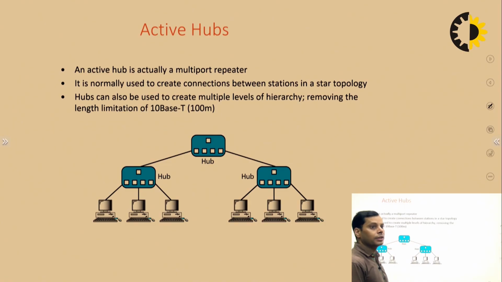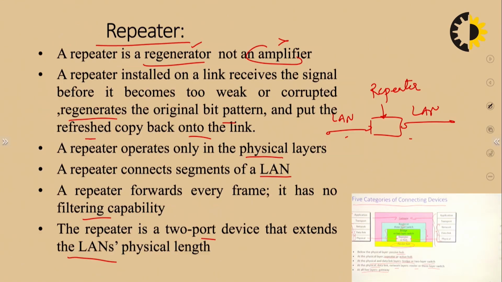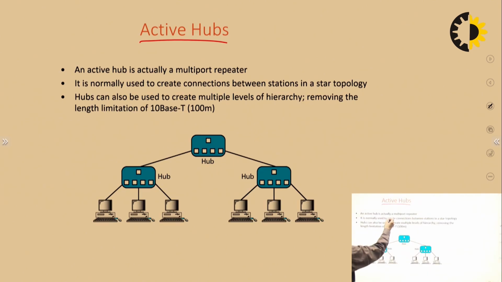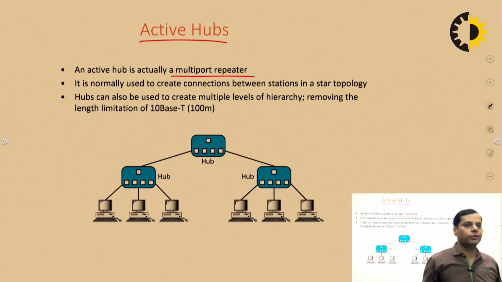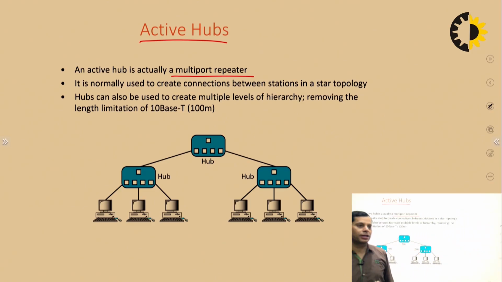The next one is the active hub, which we can use at the physical layer level. The active hub is basically a multi-port repeater. In the previous section we saw that the repeater has two ports, one from one end, the second from the other end. So there is a limitation that only two lanes can be connected at a time, not more than two.